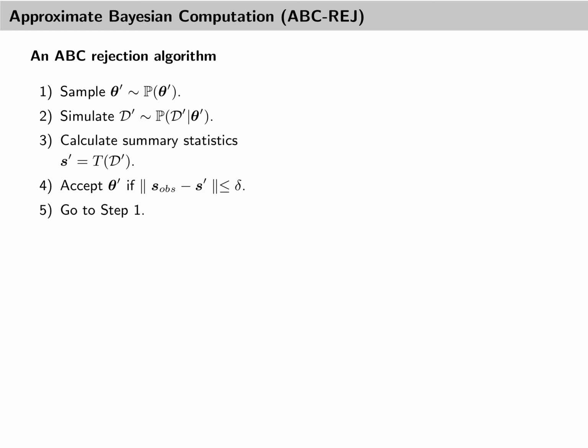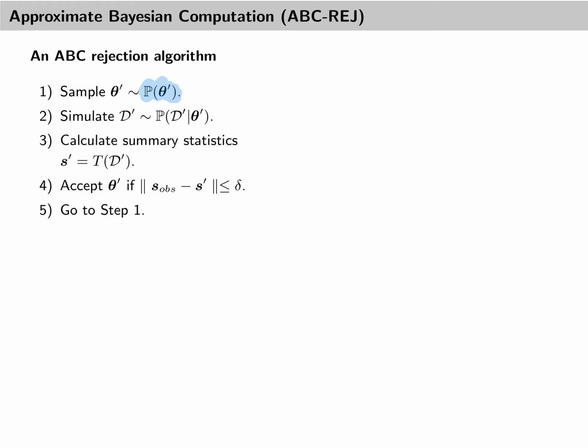Let us first look at the most basic ABC algorithm. This algorithm is termed the ABC rejection algorithm and is a simple variant of the rejection algorithm introduced on the previous slide. This algorithm proceeds just as the standard rejection algorithm in that we first sample a candidate parameter vector θ' from the prior distribution.